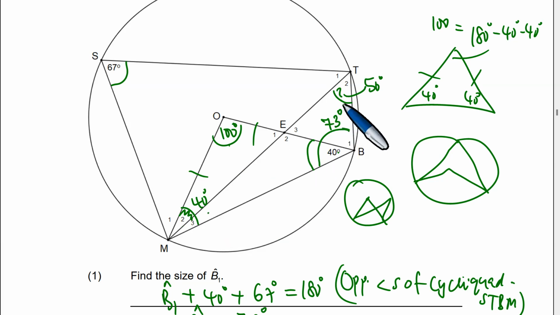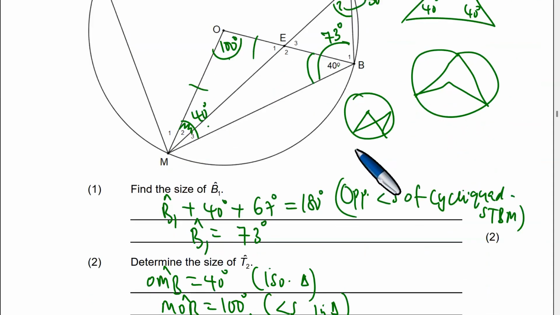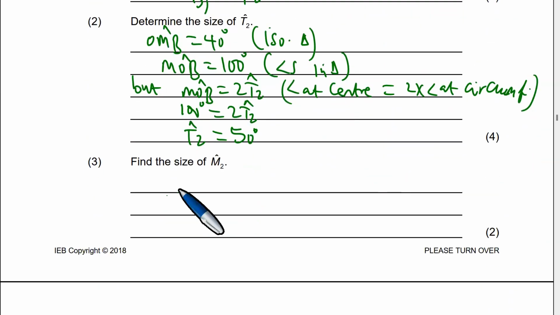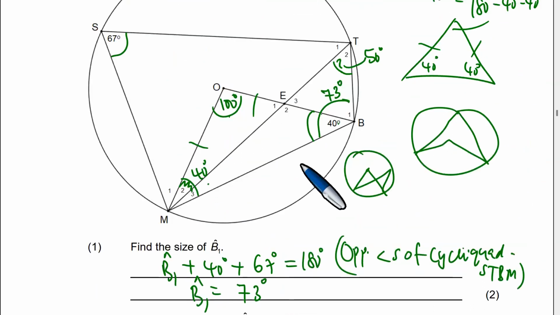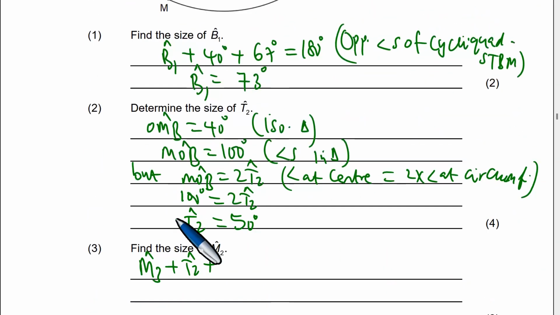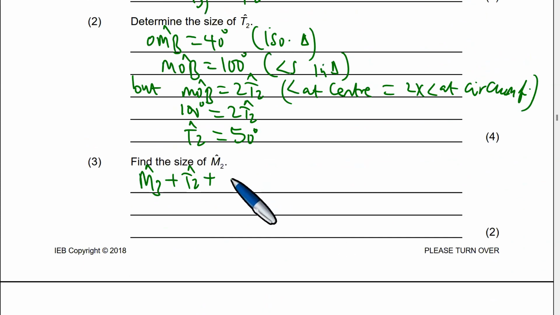So M3 plus T2 plus the whole of B, you can say TBM. So TBM is 180 degrees.